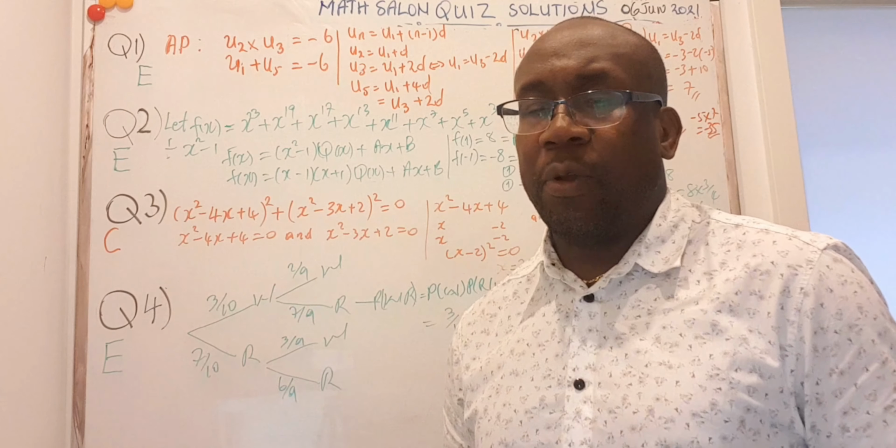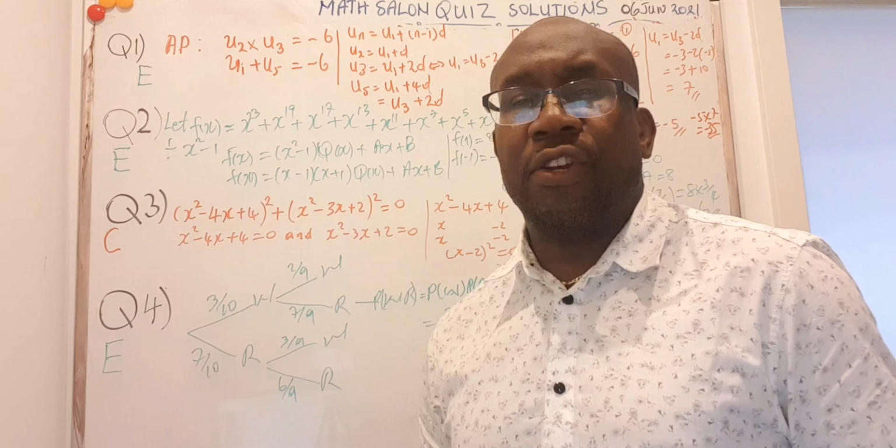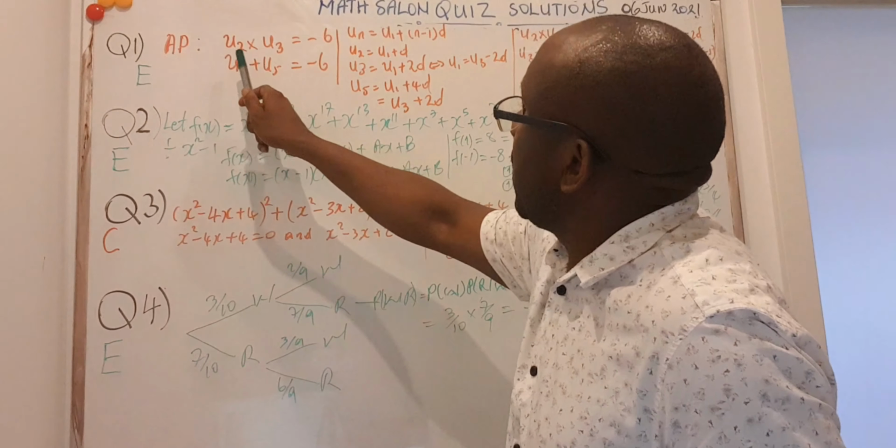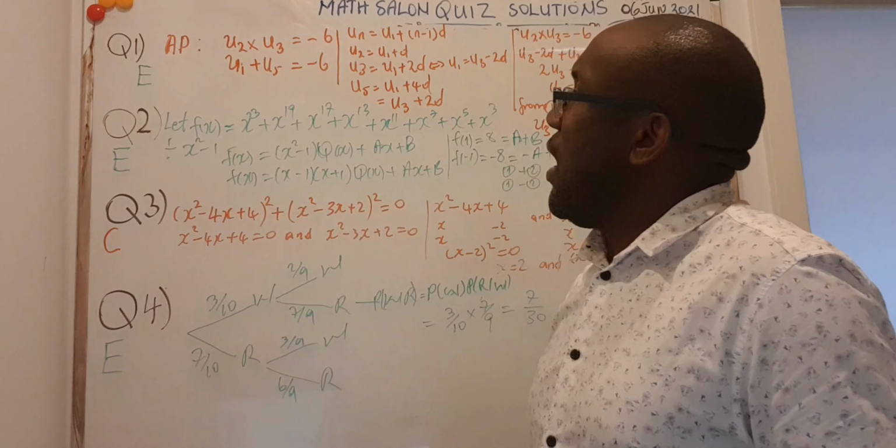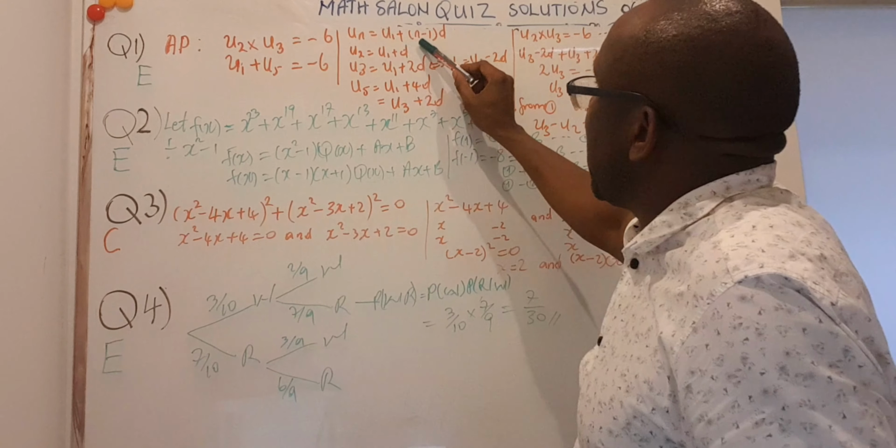You were told, for example, that the product of the second and third term was -6, and that the sum of the first and the fifth term was also -6. We know that for an arithmetic progression, the nth term is given as un = u1 + (n - 1)d.